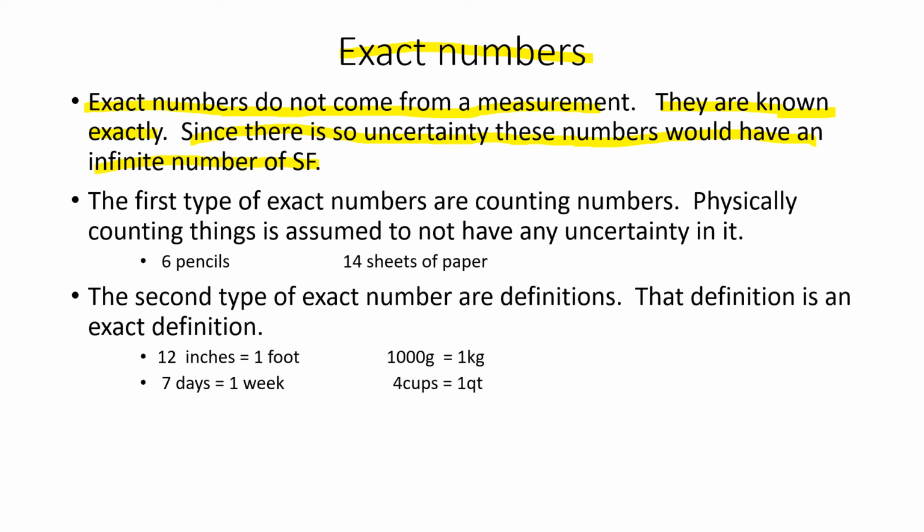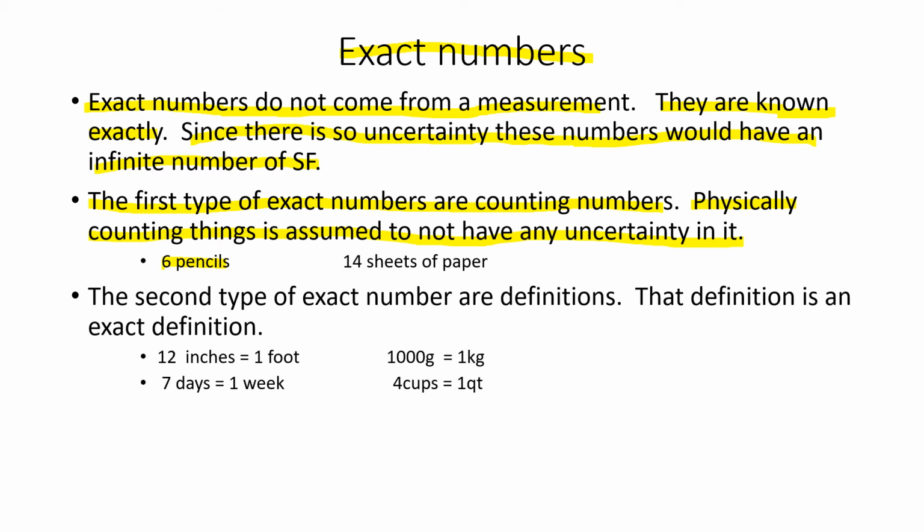There's two types of exact numbers. The first type of exact numbers are counting numbers. These are things you can physically count. Even though you may look at it and say physically counting is a form of measurement, it's generally assumed that if you physically count things, there's no uncertainty to it. So when we say 6 pencils on a table or a desk in front of us, that 6 came from a counting number.